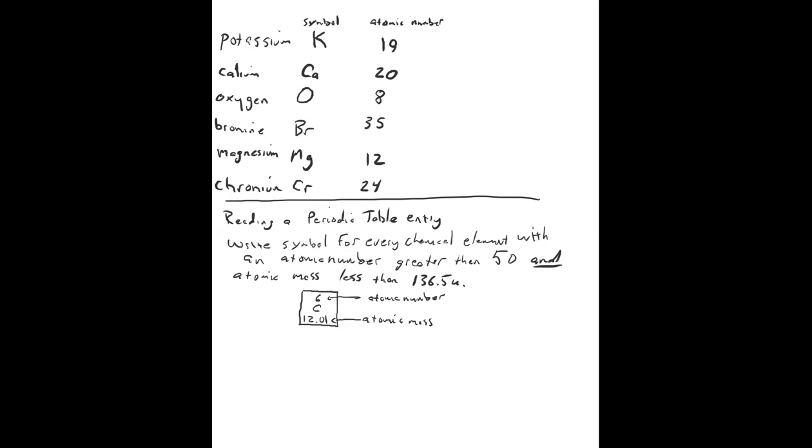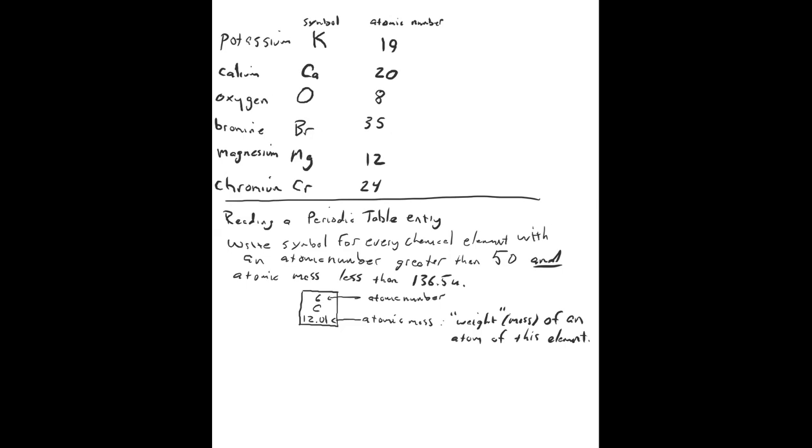The atomic mass is a measure of the weight. Now, technically, it's not weight, we call it mass. So let me put weight in parentheses of an atom of this element. Okay, so it's how much one atom of that element weighs.